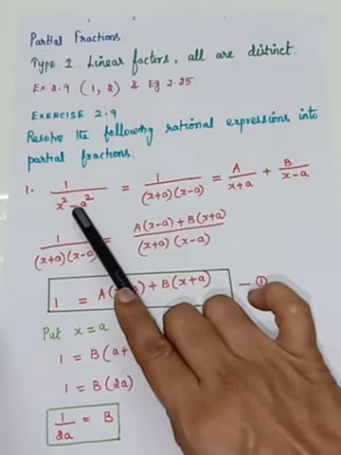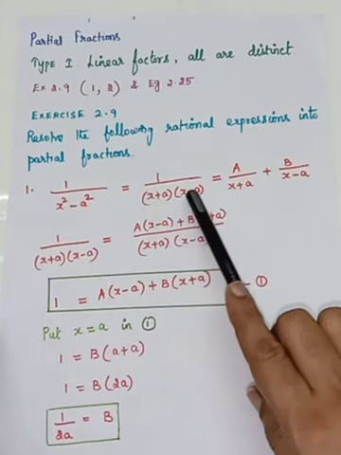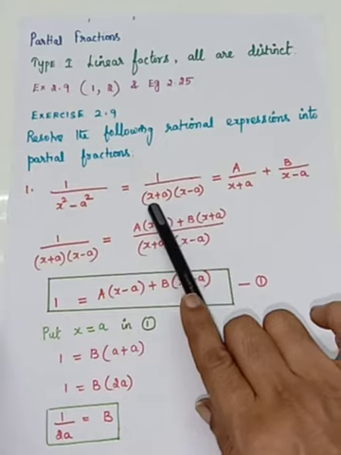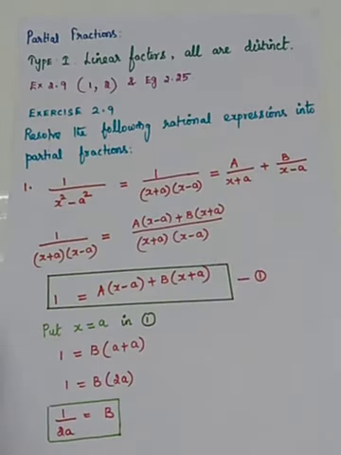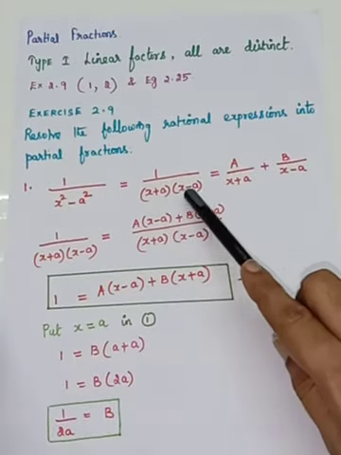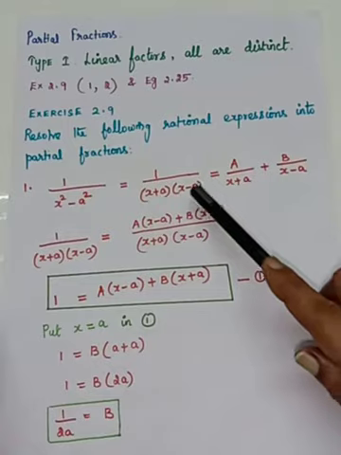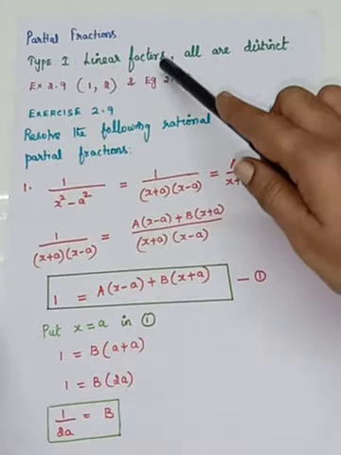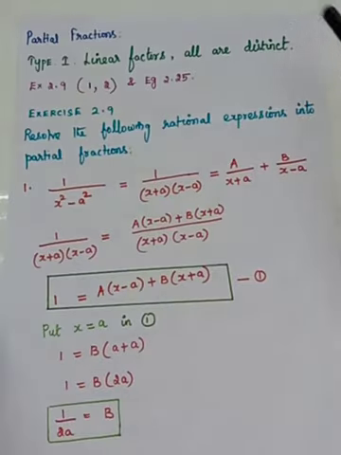When the quadratic factor is factorized, it becomes linear factors. So x plus a and x minus a are linear factors. Each of them is different; x plus a is different from x minus a. So it will come under the type linear factors, all are distinct.